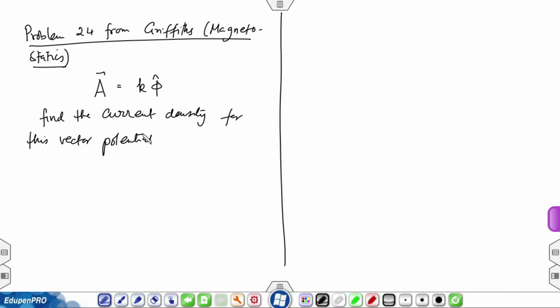Why I am doing this problem is that you may feel that A is in the phi direction, there is a unit vector given in the phi direction. So, if I calculate del square A, which is supposed to be minus mu 0 J, it may come out to be 0, but this is incorrect. I have to be a little more careful, and that is why I am doing this problem. And I can do the calculation in cylindrical coordinates.